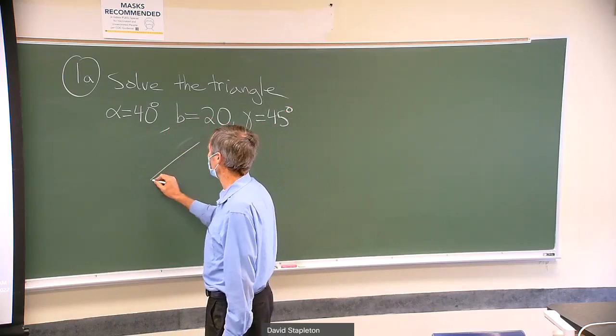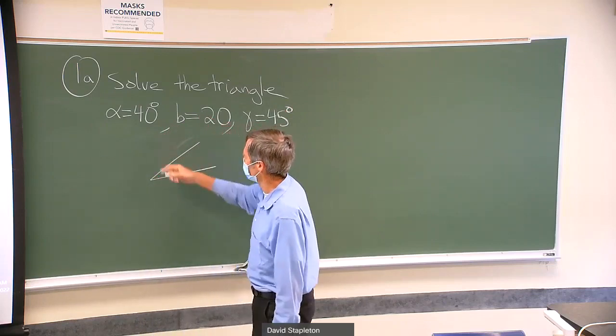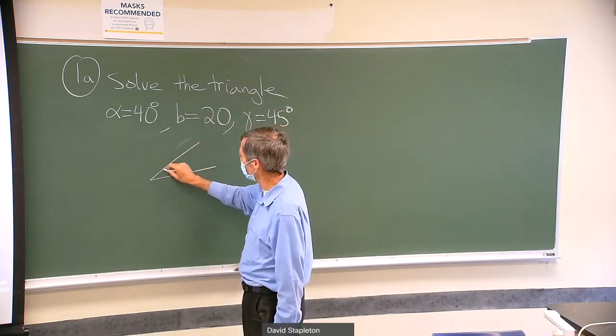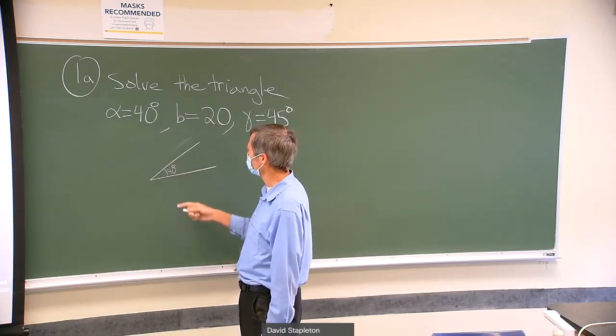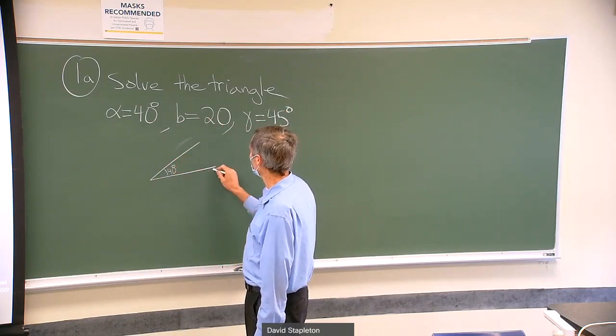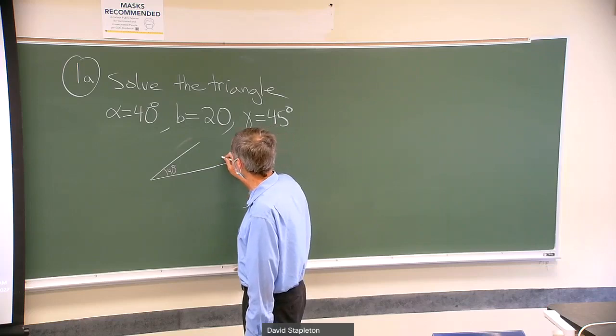I recommend the first thing you do is try and sketch it roughly to the right measure, so you don't fool yourself. So that's sort of 40 degrees, almost 45 degrees. It's maybe a little short, but it's pretty close. And then that could be alpha. And then gamma can come over here at 45 degrees, a little more.